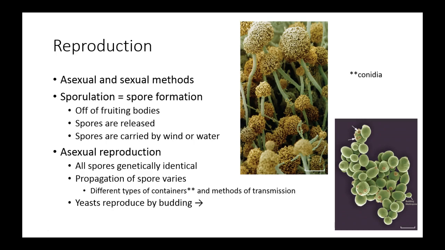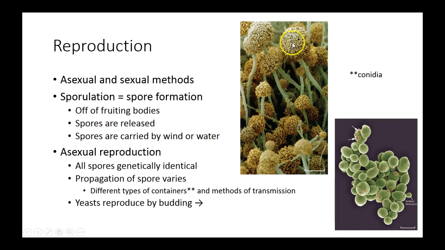So the process of sporulation is just spore formation. Again, you can have asexual spores or you can have sexual spores. In the asexual case, the spores are genetically identical, and they contain all of the DNA or all of the chromosomes that a species will have. How they actually spread those spores depends on the different types of organisms we're talking about, and there are a lot of different types of containers for these spores.